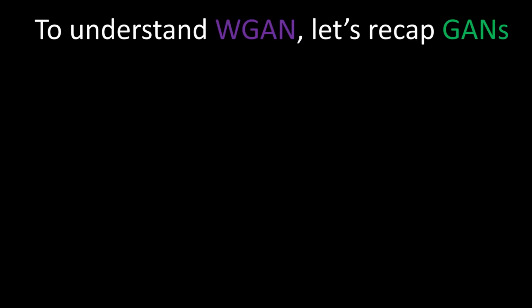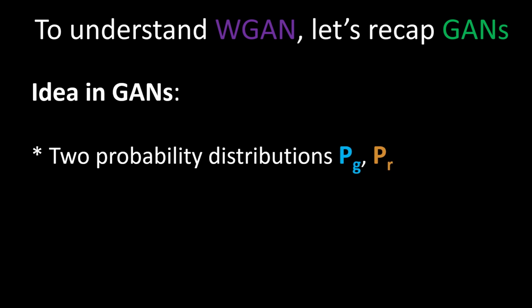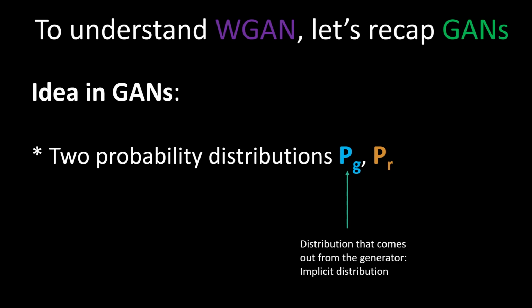But to try to understand WGAN, let's first recap the GANs that we've seen so far. The idea in GANs is that we have two probability distributions, PG and PR, where PG is the distribution that comes out from the generator. And this is sort of an implicit distribution because we send in some latent noise vector, z, and we get out some probability distribution.